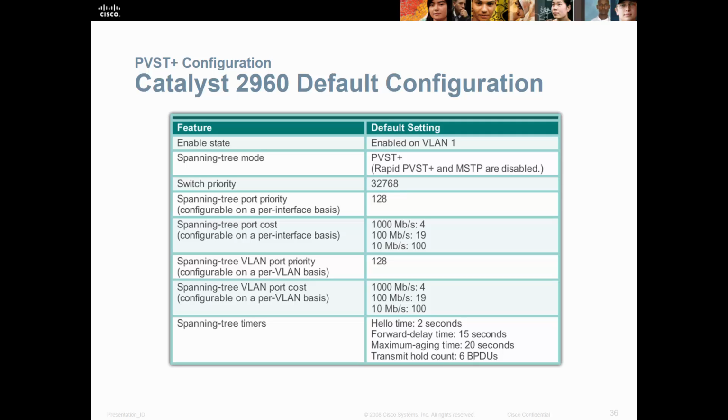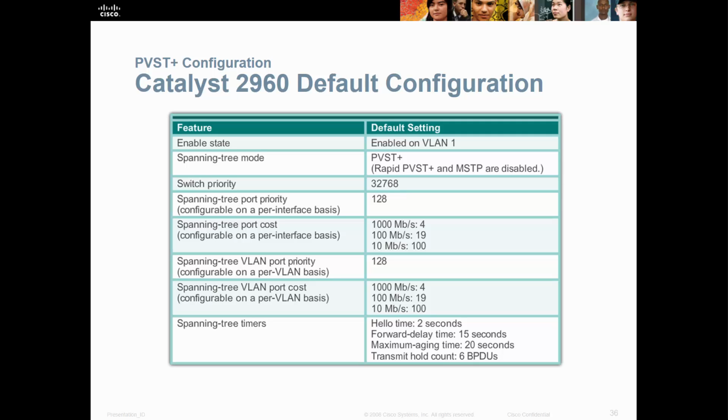For spanning tree modes, you have PVST+, where Rapid PVST+ and MST are disabled by default. The switch's priority by default will be 32768. The spanning tree priority per interface is going to be 128.